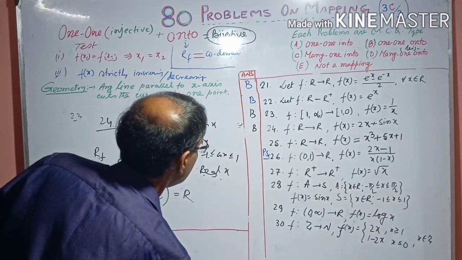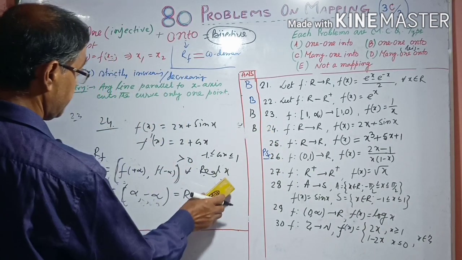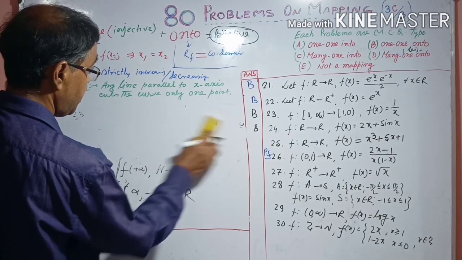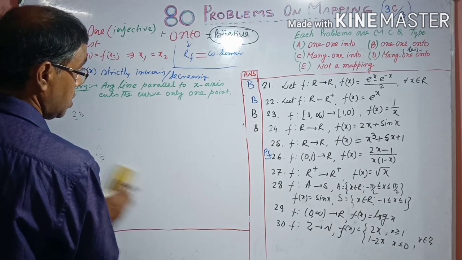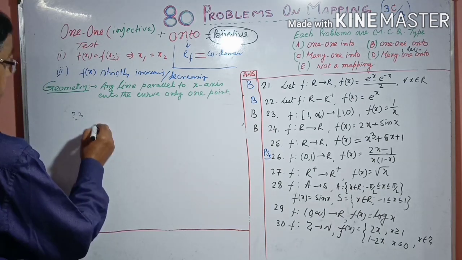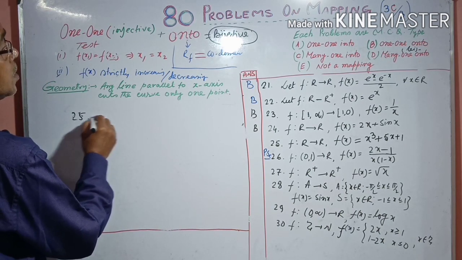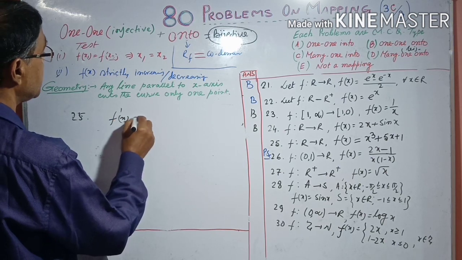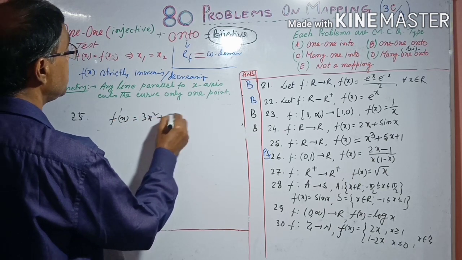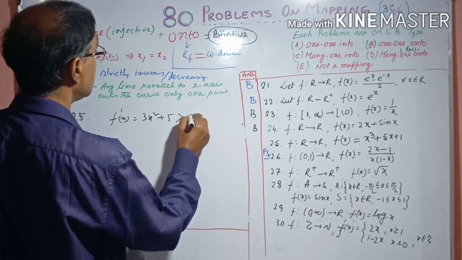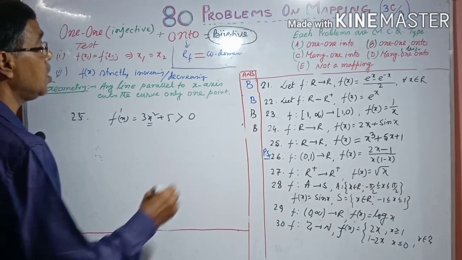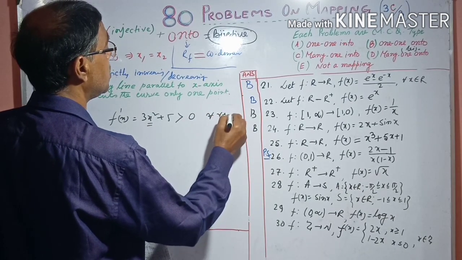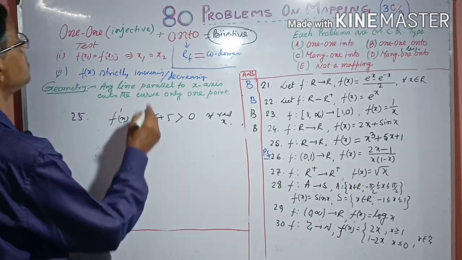Now for problem 25, f(x) equals x cube plus 5x plus 1. Then f dash x equals 3x square plus 5, which is also greater than 0 for all real x, therefore it is an increasing function.